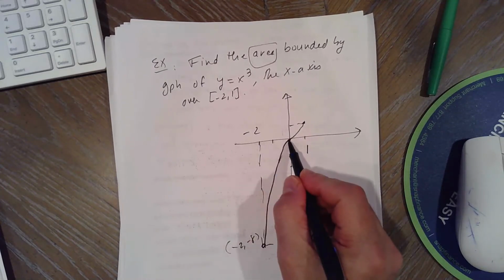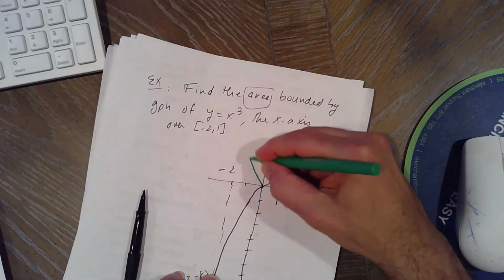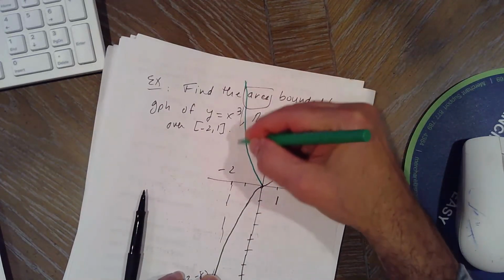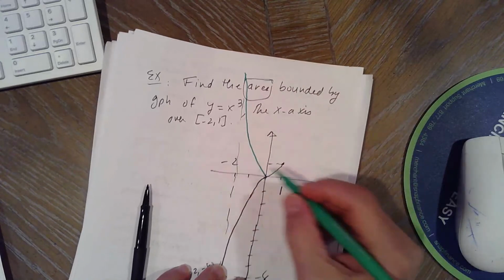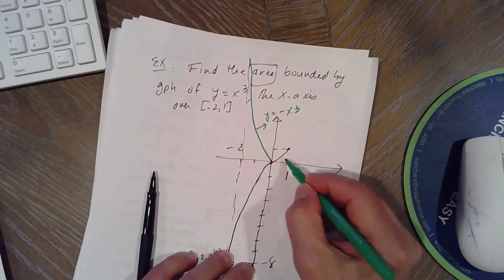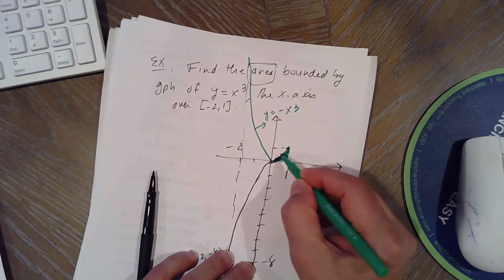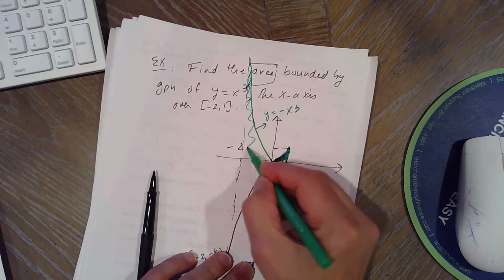So between -2 and 1, we've got to reverse it to do the symmetry. That's negative f of x between -2 and 0, and then between 0 and 1, it's the same area. Okay, so that's what we have to find.